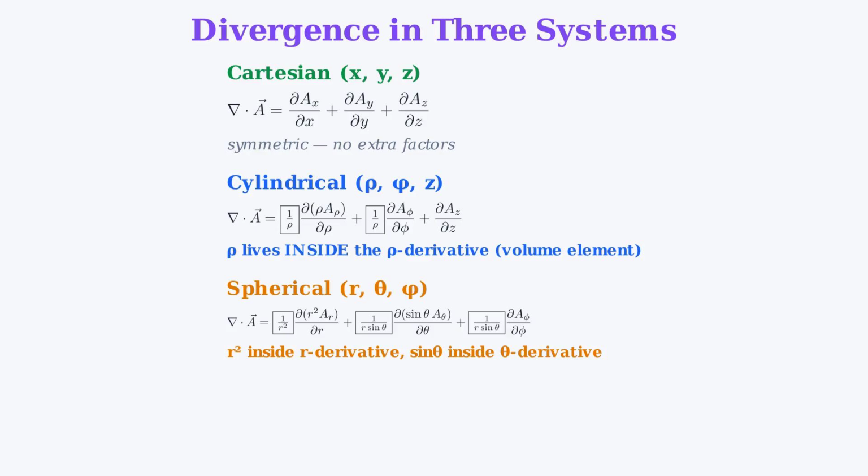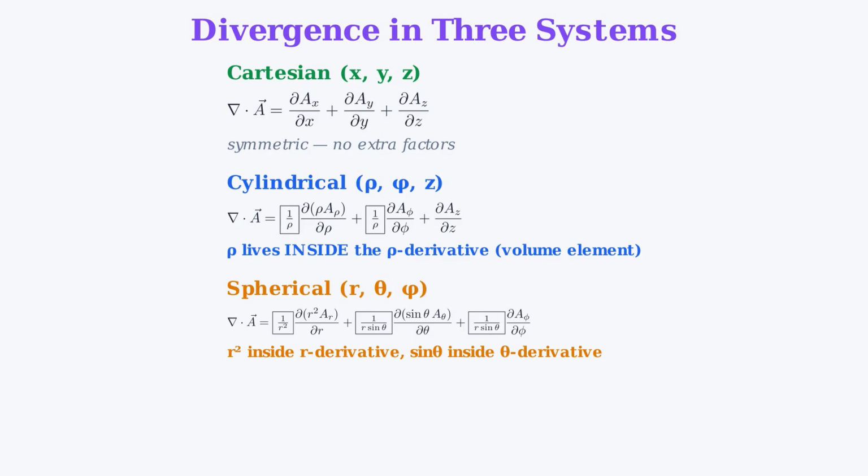Three partial derivatives, no extra factors, perfectly symmetric. In cylindrical, nabla.A equals 1 over rho times partial of rho times A rho with respect to rho, plus 1 over rho times partial of A phi with respect to phi, plus partial of Az with respect to z. Notice the rho appears inside the rho derivative. That is the volume element distortion.